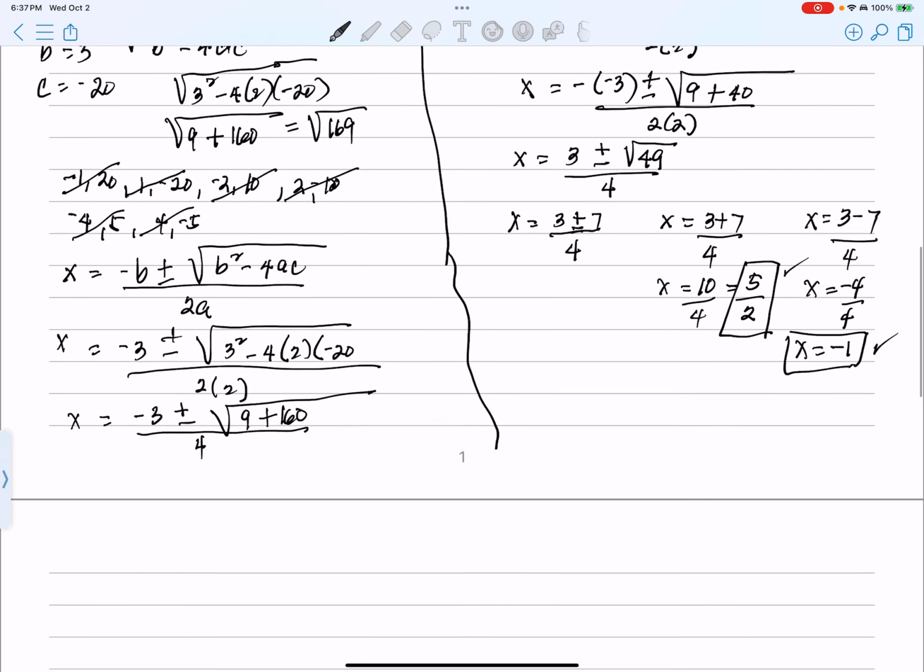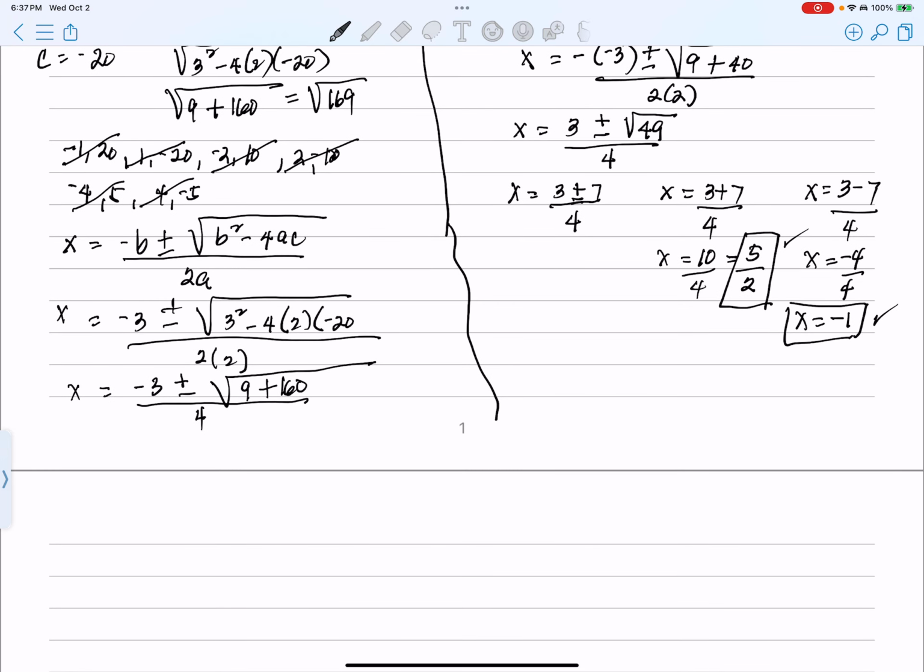Let's simplify more. x is negative 3 plus and minus the square root of 169, which is 13, over 4.